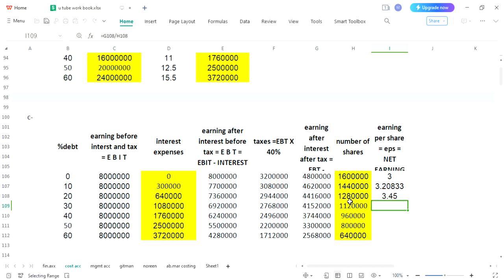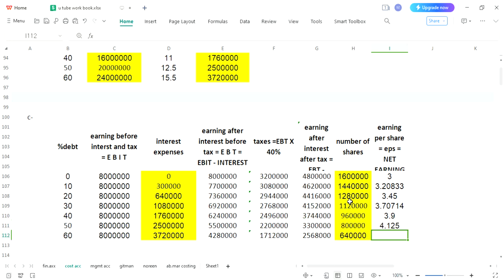In this way we have got our third EPS, net earning divided by number of shares, so 3.7. And for next part, earning divided by number of shares. For second last part, 33 lakh total earning and 8 lakh number of shares.